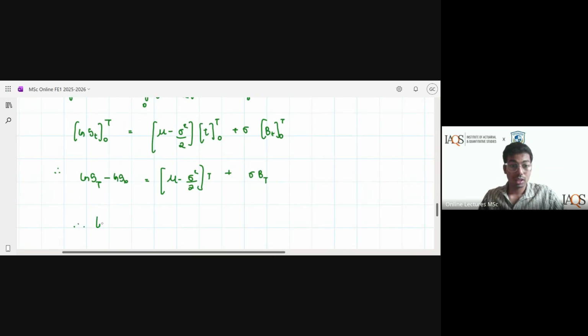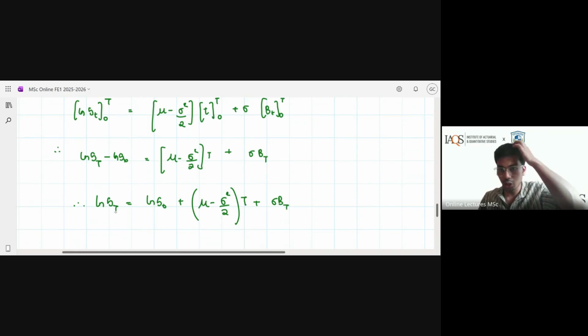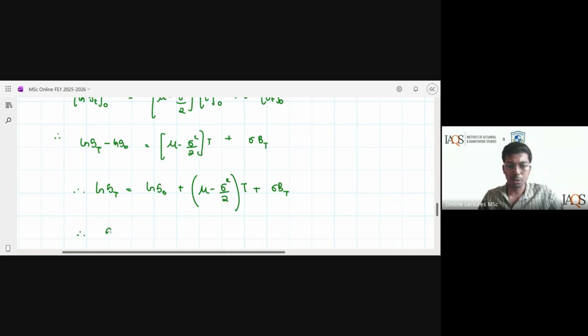Therefore, can I say ln St is equal to ln S0 plus (mu minus sigma square by 2)t plus sigma Bt. I want the process form of St, not ln St. I'll take exponential.